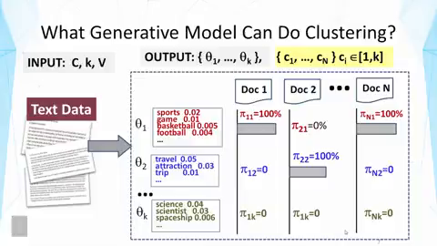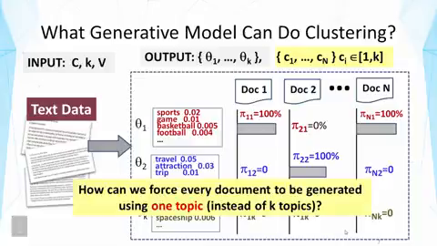And we hope to embed such preferences in a generative model. But if you think about the main difference between this problem and the topic model that we talked about earlier, then you will see a main requirement is how can we force every document to be generated from precisely one topic instead of k topics, as in the topic model.